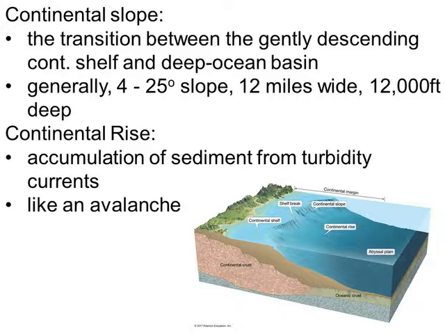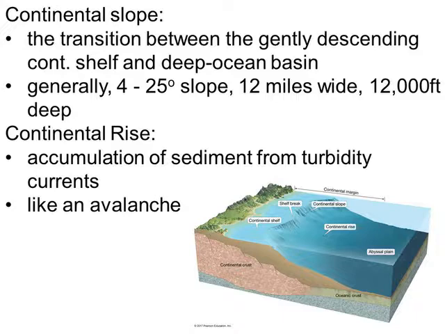And so this is the point where you see steeply sloping areas, and typically that slope will be anywhere between 4 to 25 degrees. It can, on average, be about 12 miles wide, and it'll be about 12,000 feet deep. So that's your continental slope.